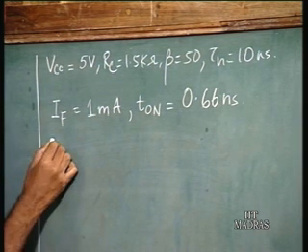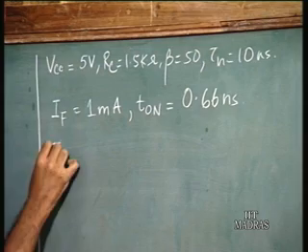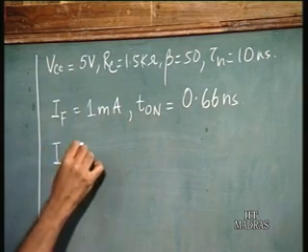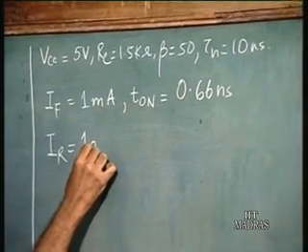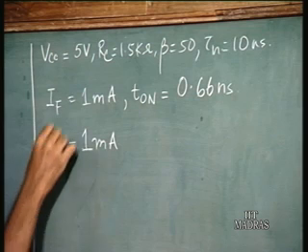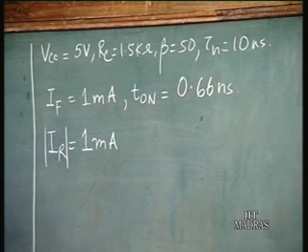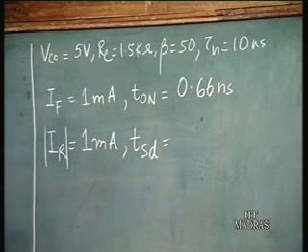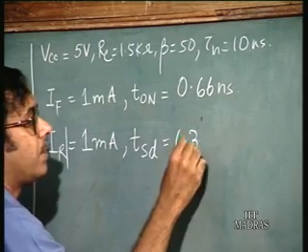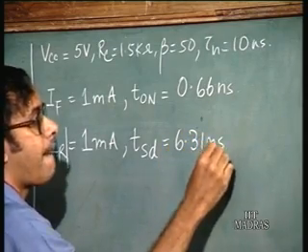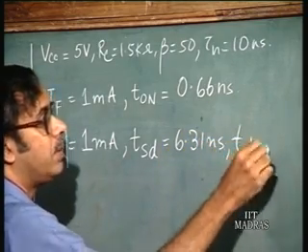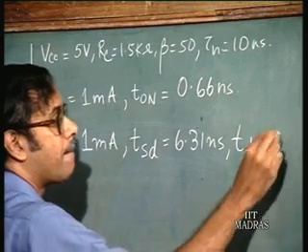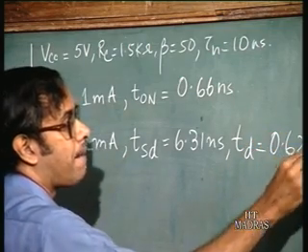If IR is also equal to 1 milliampere, TSD will be equal to 6.31 nanoseconds and TD will be equal to 0.62 nanoseconds.